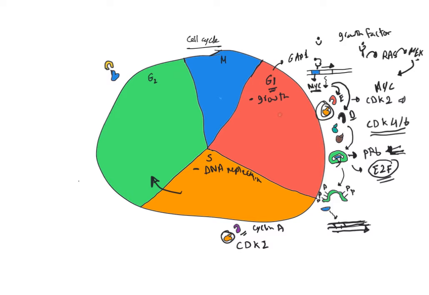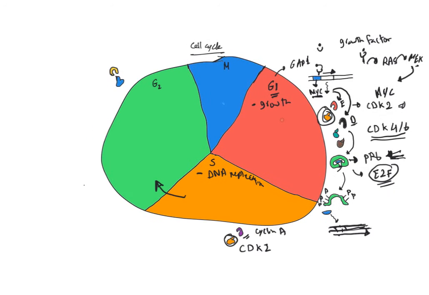Now in the G2 phase, chromatin is being regulated for mitosis. Since chromatin is being regulated, it prefers euchromatin, where transcription is possible.